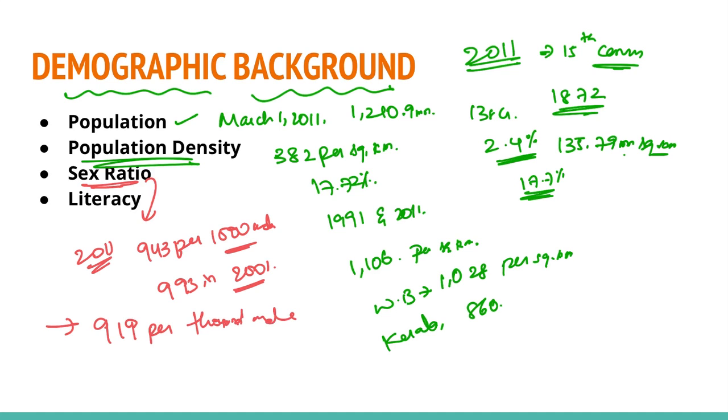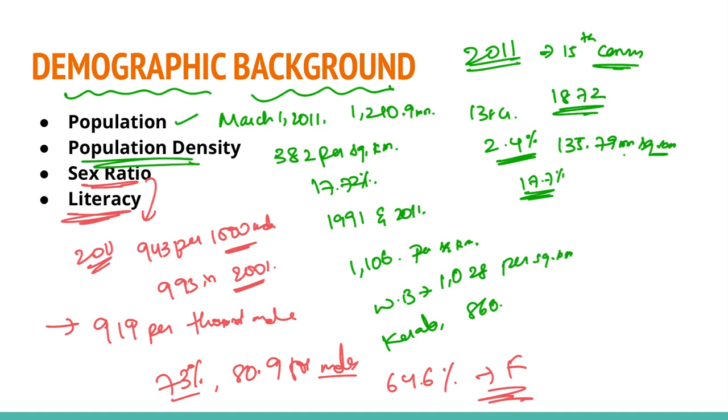So coming to literacy rate. The literacy rate in the country is 73%, and 80.9% for males and 64.6% for females.